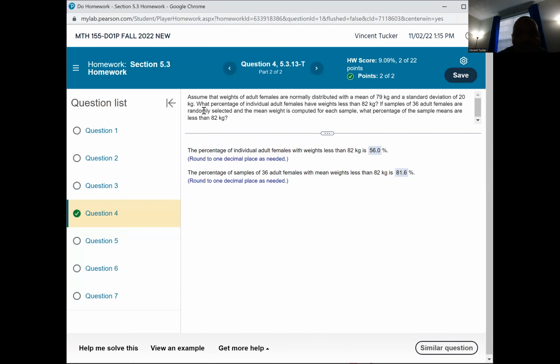The weight is normally distributed with a mean of 79 kilograms and a standard deviation of 20 kilograms. What percentage of individual adult males have weights less than 82 kilograms? And if samples of 36 adult females are randomly selected and the mean weight computed for each sample, what percentage of sample means are less than 82 kilograms?